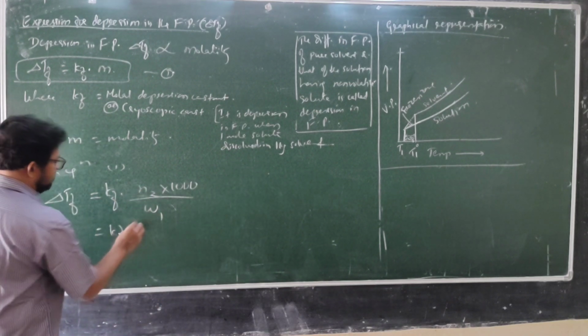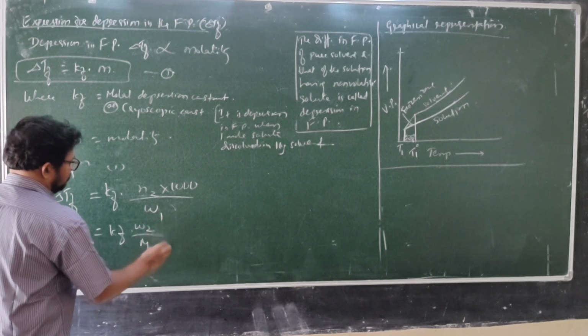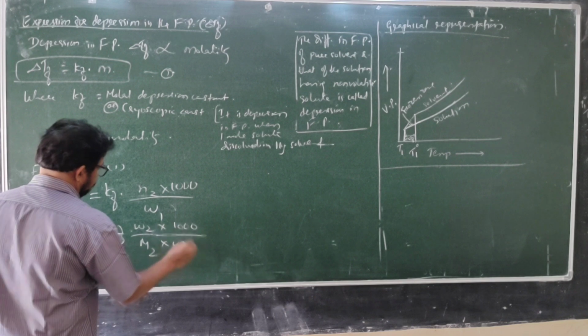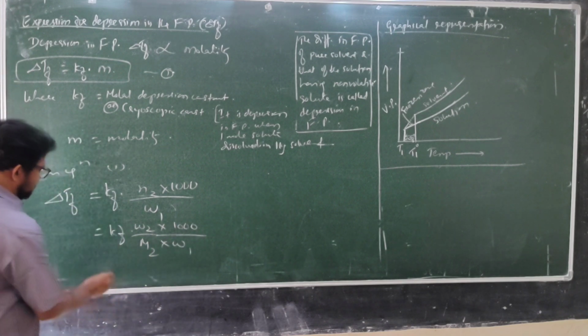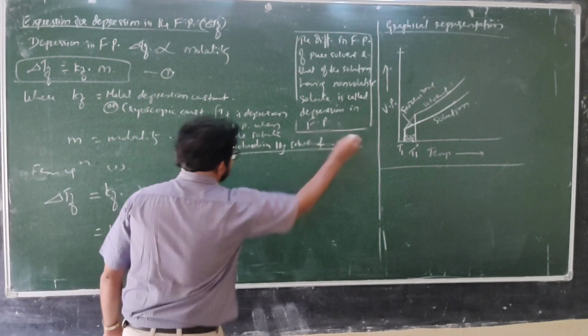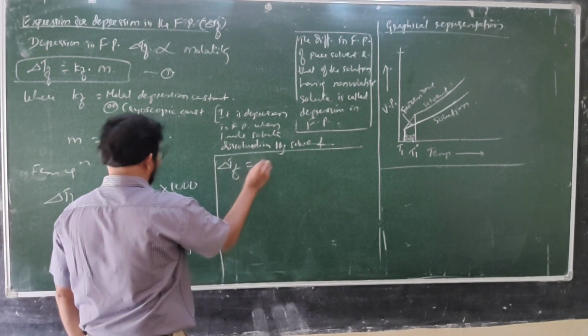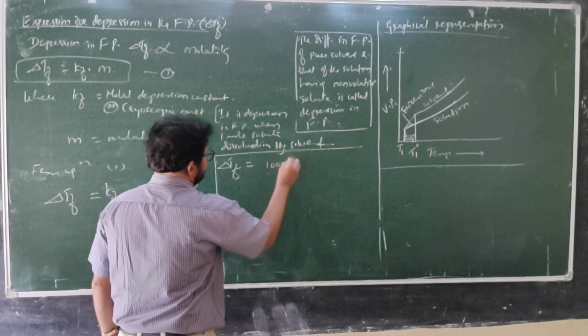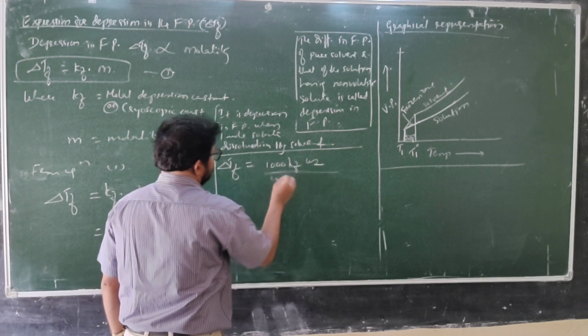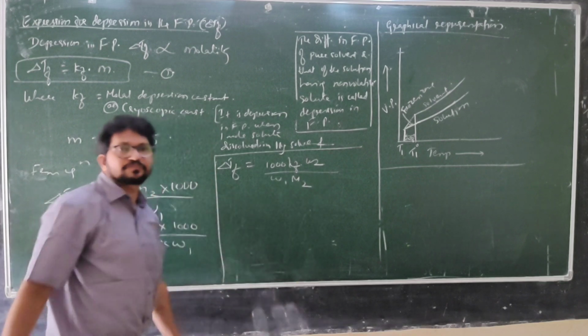Kf N2 can be written as W2 by M2 into 1000 divided by W1. So rearrange this. Delta Tf equals 1000 Kf into W2 divided by W1 into M2.